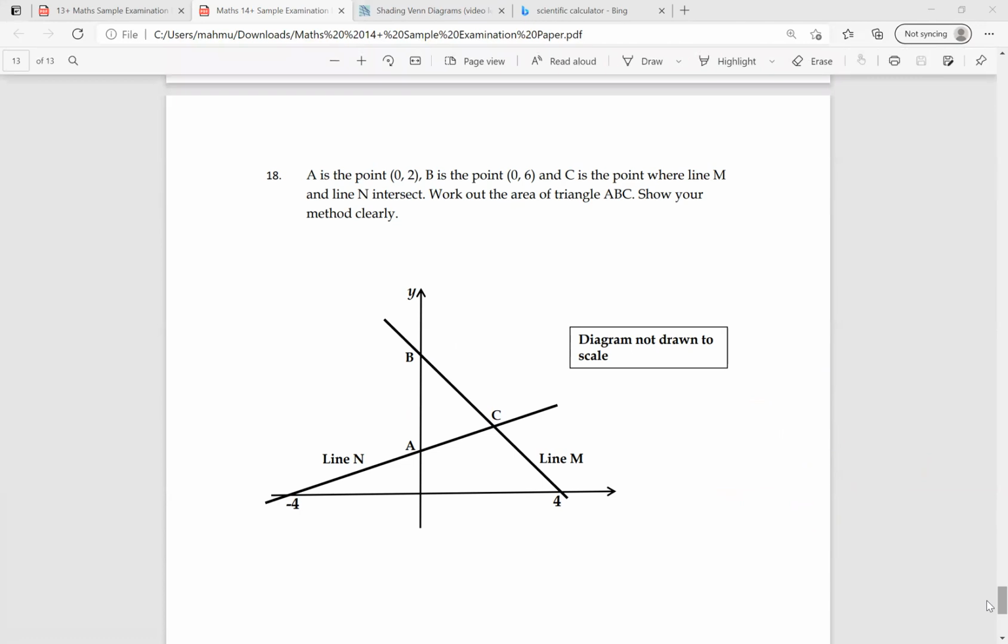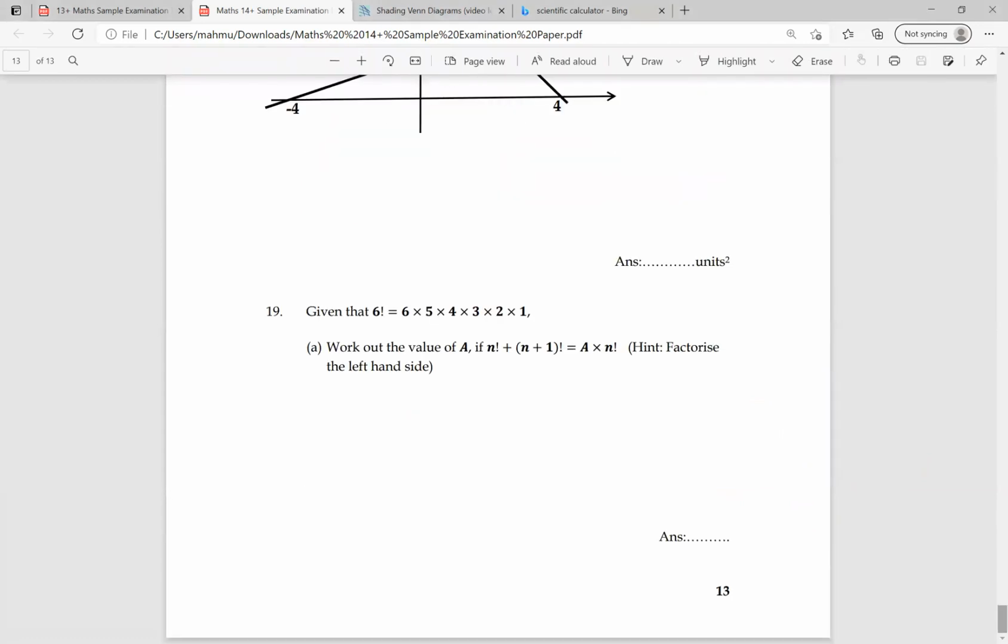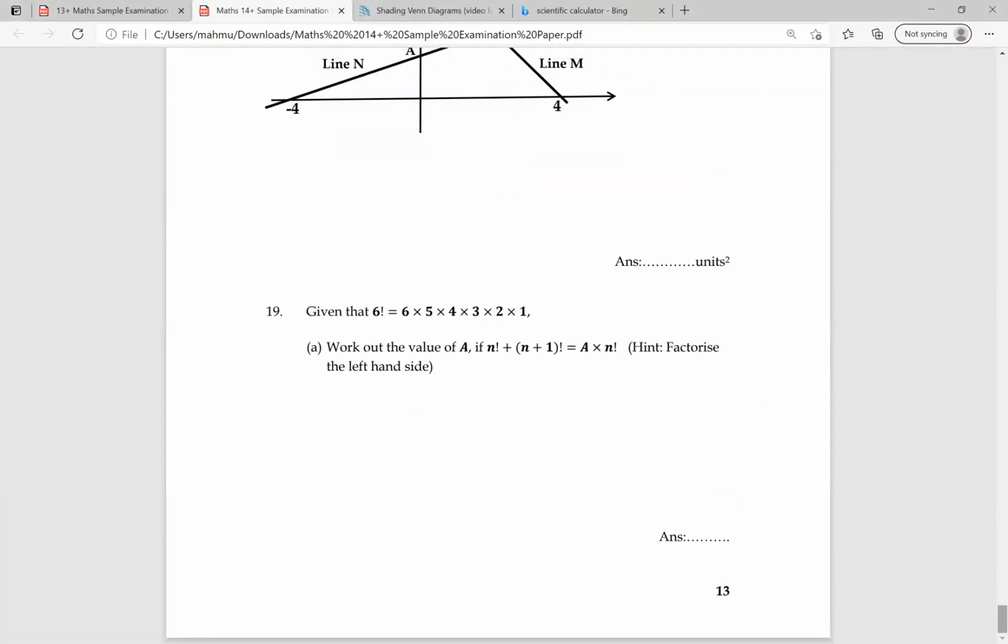And the last one. We had a problem with this last one, didn't we? The question says, work out the value of n and factorize first. So let's work this out.